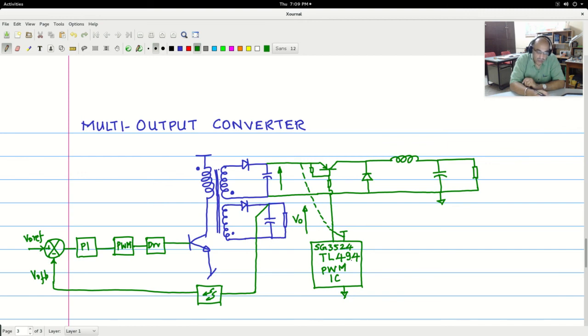In fact, TL494 goes from 8 volts to 30 volts, and likewise even the SG3524. So which means that these PWM ICs can take unregulated voltage for their VCC. So this would give out a PWM which will drive this particular device on and off.